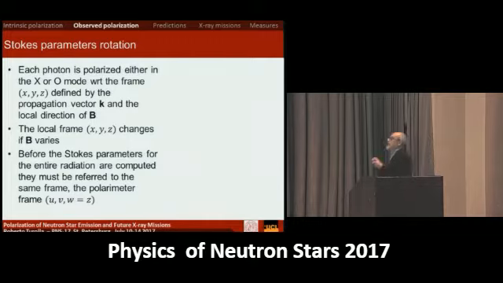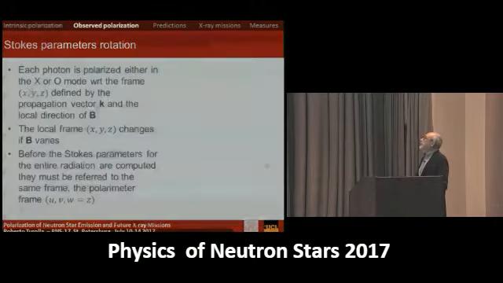But if B changes, the local frame changes. So before one can add the Stokes parameters of the single photons to compute the polarization properties of the entire radiation, there is a very important operation that needs to be performed. One must rotate the Stokes parameters to bring them into the same reference frame, which is the polarimeter frame, defined by three axes U, V, and W, where W is in the direction of the line of sight.